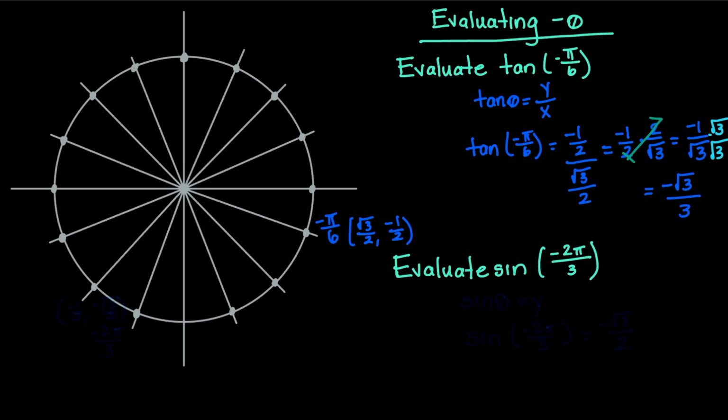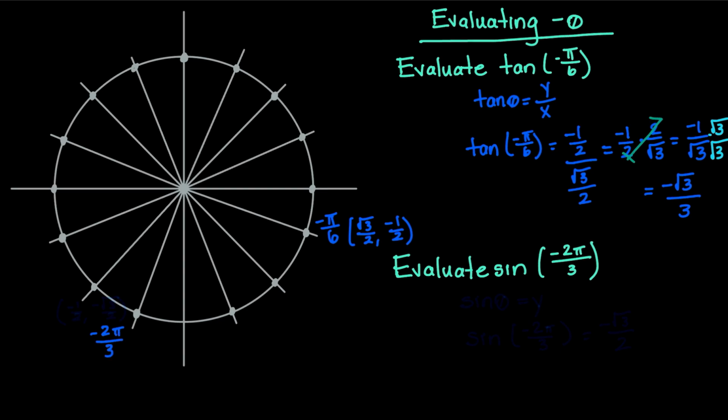Okay, next let's evaluate sine of negative 2 pi over 3. My numerator is 1 less than my denominator, and I'm negative, so I know I'm in quadrant number 3. And I know my thirds are the angles close to the y-axis. So negative 2 pi over 3 is going to be here.